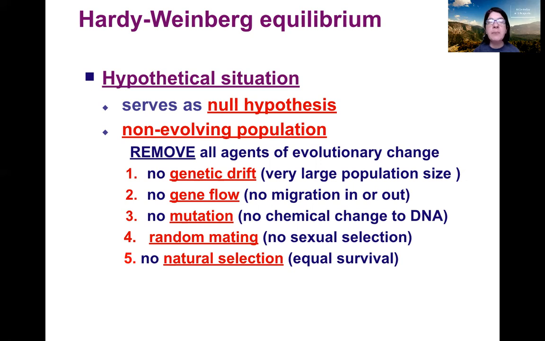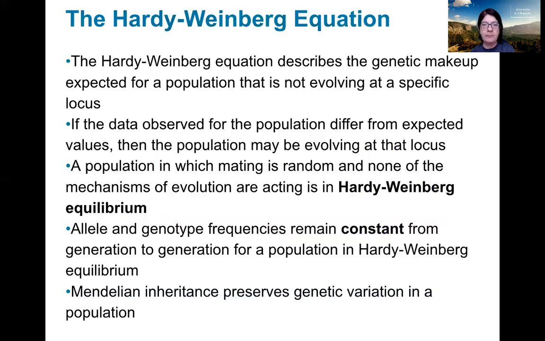There is random mating between the individuals of the population, so there's no sexual selection, and there's no natural selection at work, so all individuals have equal survival and reproductive success. Okay, and this is a hypothetical situation because it is very, very rarely met.